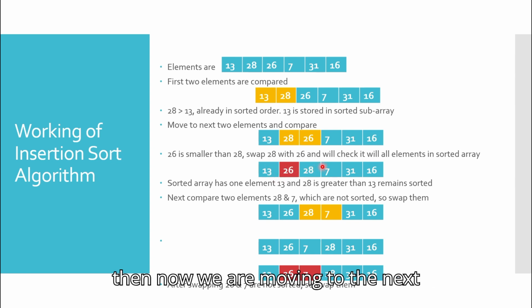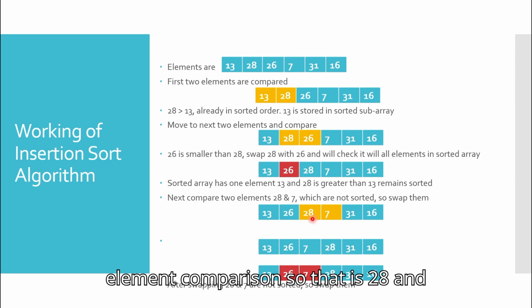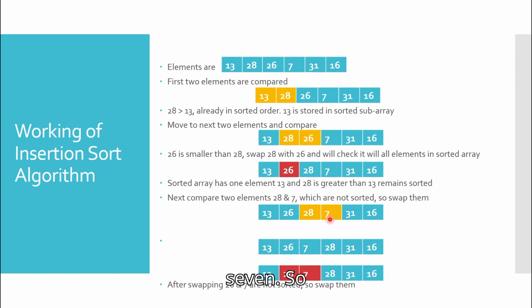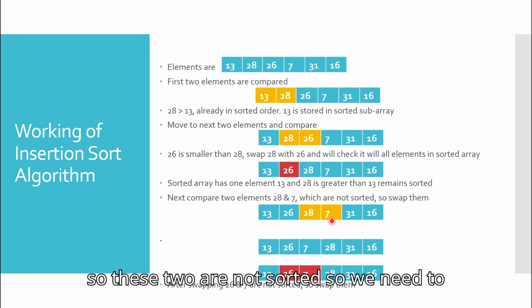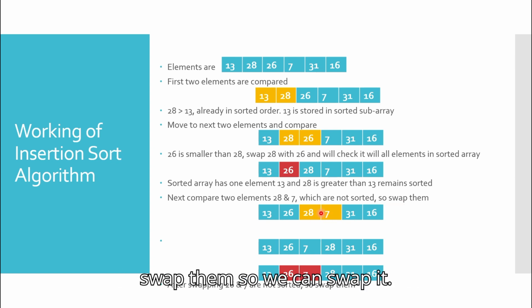Then we move to the next comparison, 28 and 7. These two are not sorted, so we need to swap them. Now it becomes 13, 26, 7, 28, 31 and 16.